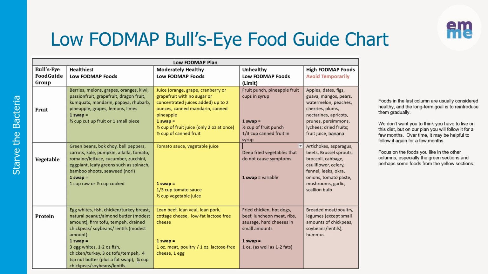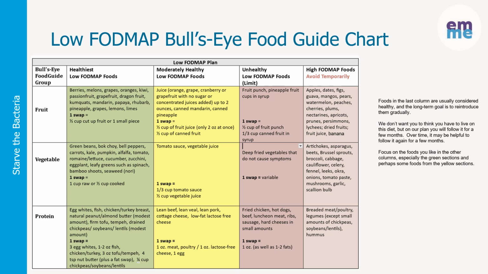And then the healthy vegetables that we need to avoid for this time period, but we will try to reintroduce, include things like asparagus, beets, Brussels sprouts, broccoli, cabbage, cauliflower, and especially, and what I really want you to note is the garlic and onion. They tend to be very problematic, cause a lot of symptoms, and it's really important to avoid them during this starve the bacteria phase.